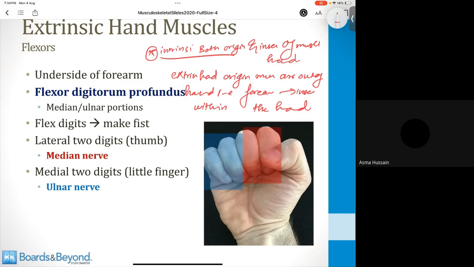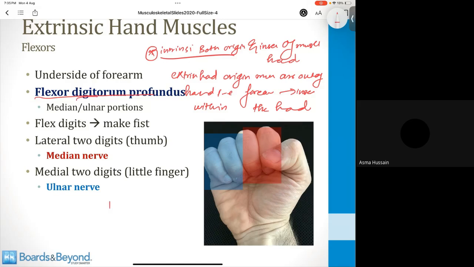So we have an extrinsic muscle called flexor digitorum profundus. Flexor digit, they would lead to the flexion of your digit, right? But since it's an extrinsic muscle, it means that its origin is going to be in the forearm. From the forearm, it would be entering into your hand. You know, that's the definition of extrinsic muscle, and it would lead to flexion of your digits. Am I right? Okay.